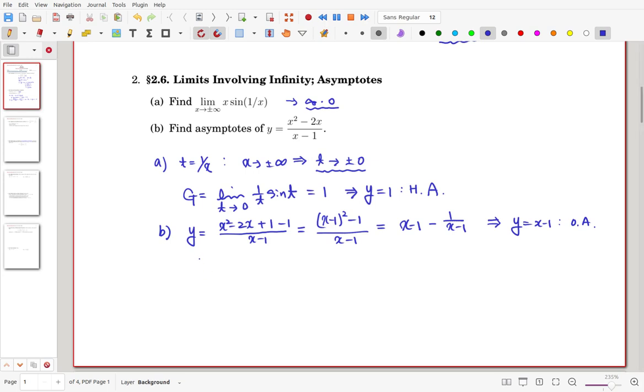So let's see here now, x equals 1 is a vertical asymptote. To see the detail, let's try to sketch the graph of the curve.